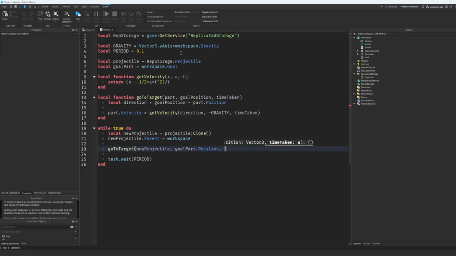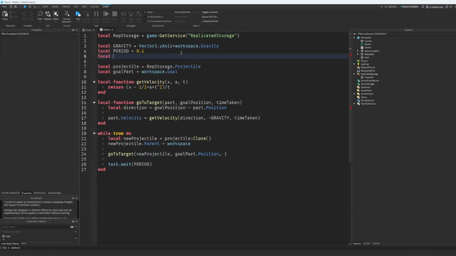And for time taken, we could have it be constant too. If we wanted, we could change it based on the distance, so it's not going super fast or super long. You could also have it dynamic, but for my case, I'm just going to have it be constant as well.